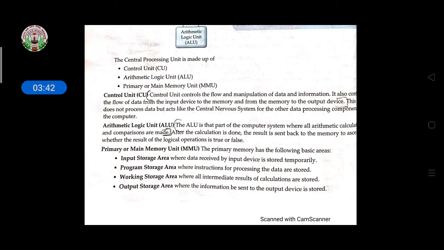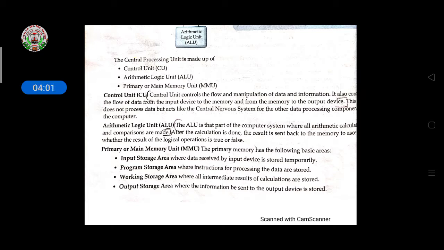Then the arithmetic logic unit. The ALU is the part of the computer system where all arithmetic calculations and comparisons are made. After the calculation is done, the result is sent back to the memory to ascertain whether the result of the logical operation is true or false.